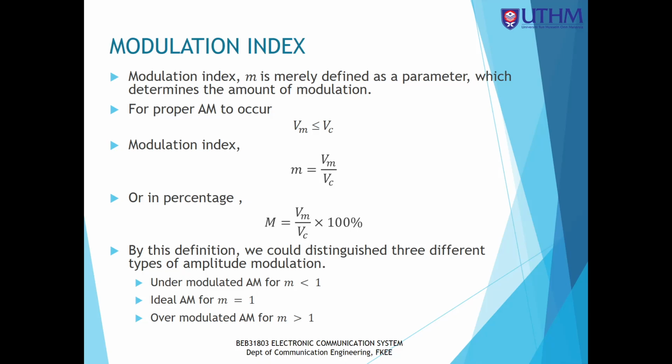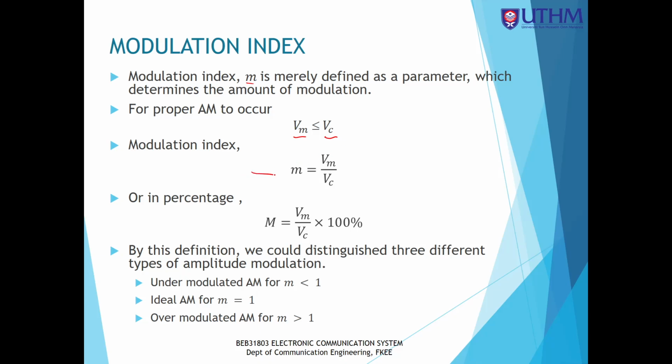So now let's look at the modulation index. Modulation index M is defined as a parameter which determines the amount of modulation. For proper AM to occur, Vm, the peak amplitude of the modulating signal, must be less than or equal to Vc, the peak amplitude of the carrier.